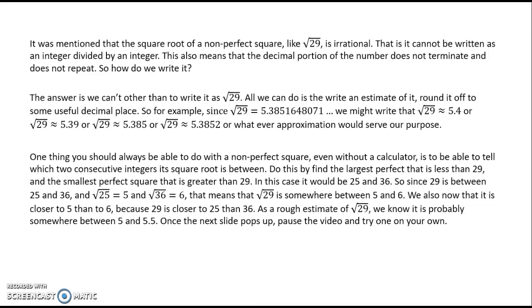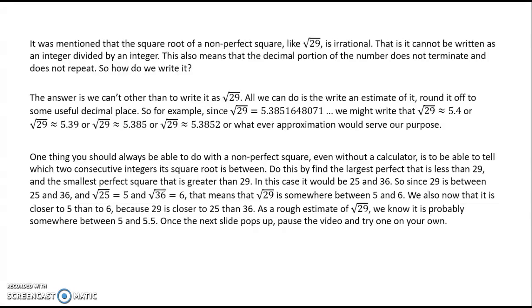In this case, it would be 25 and 36. So, since 29 is between 25 and 36, and we know the square root of 25 is 5, while the square root of 36 is 6, that means that the square root of 29 would have to be somewhere between 5 and 6, the square roots of 25 and 36.